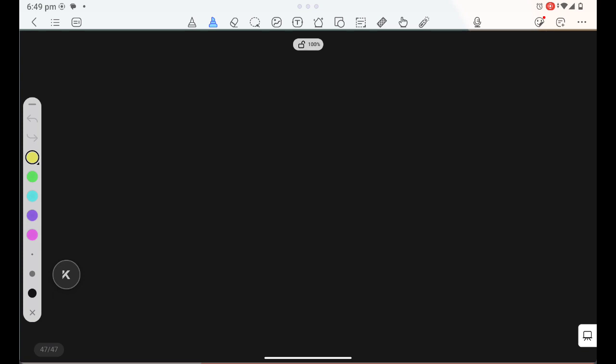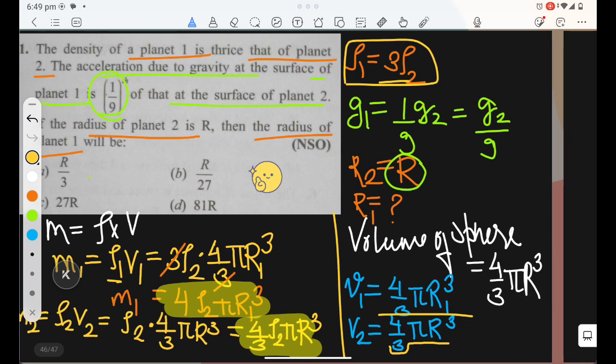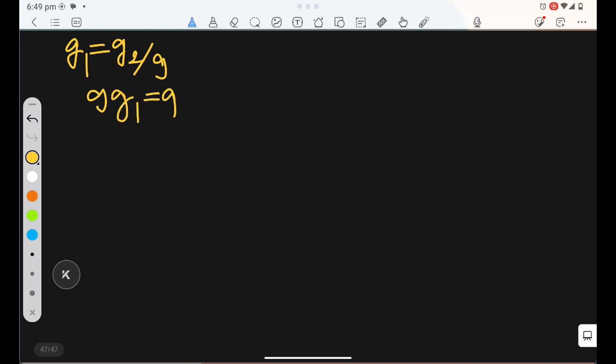Now we have calculated m1 and m2 respectively. I have the given relation that g1 is g2 by 9. From here I can write 9g1 is equal to g2.